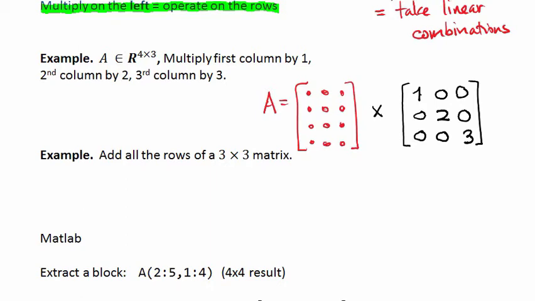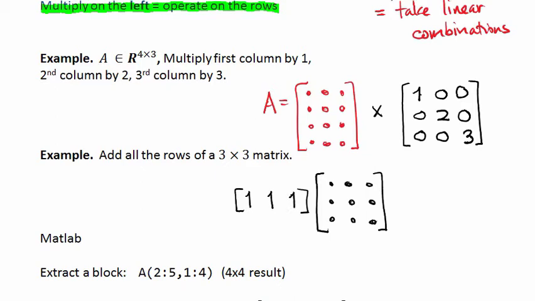As another example, suppose we have a 3x3 matrix, and I want to just add the rows together. Well, that's a linear combination of the rows, where the coefficient of each row is 1. So all I have to do is multiply on the left by the row vector 1, 1, 1. And that will add the 3 rows together.